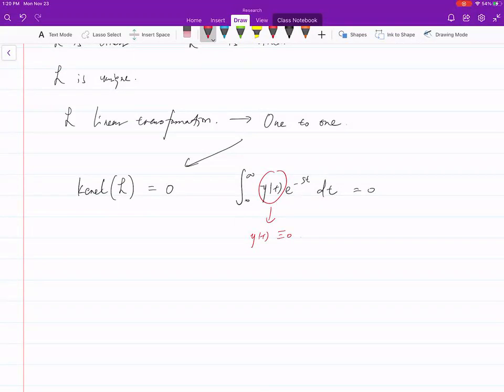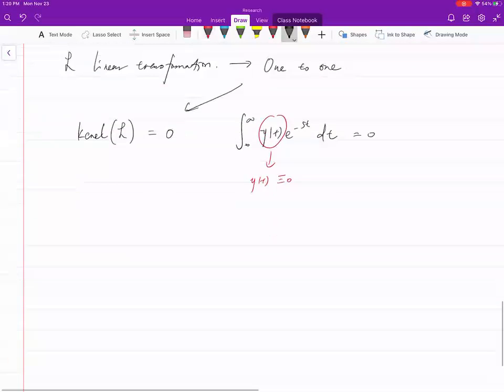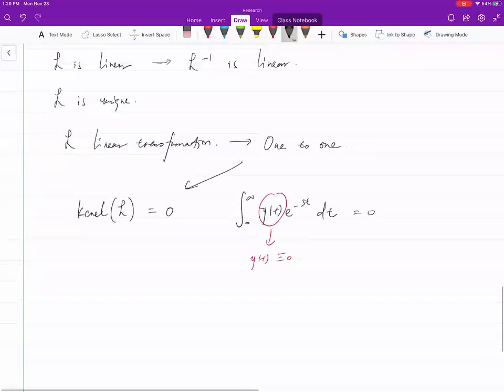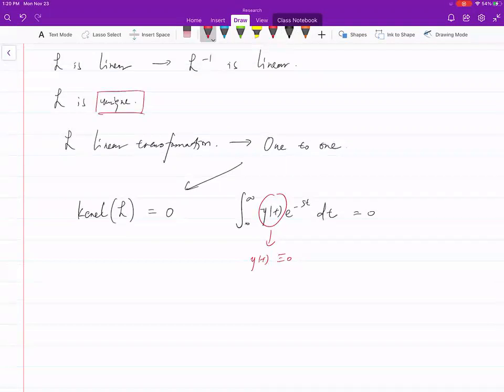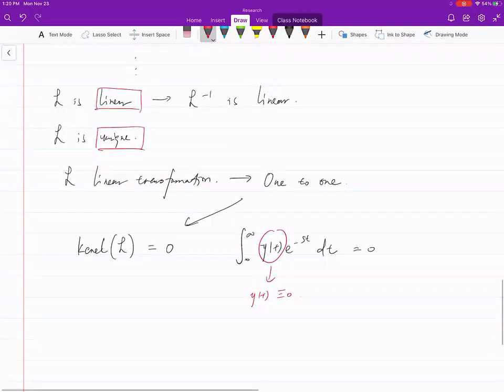The only function that, if you take the integration from 0 to infinity after it times e to the negative st, will always give 0 is the zero constant function. So that's why it's unique. And linear is probably very easy to show. So that's nice.